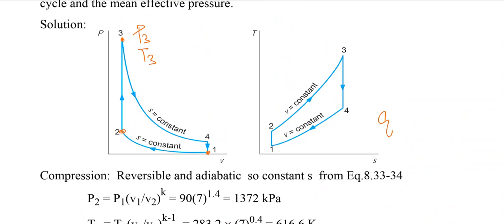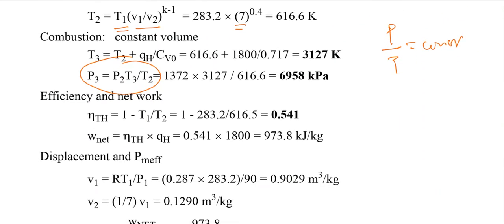The heat transfer from 2 to 3 for the constant volume process is equal to Cv (T3 minus T2). We have been given the heat transfer, which is equal to 1800 kilojoule per kg. Cv for the air is 0.717.